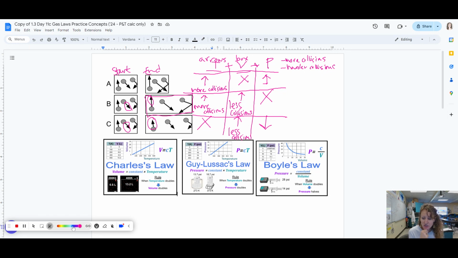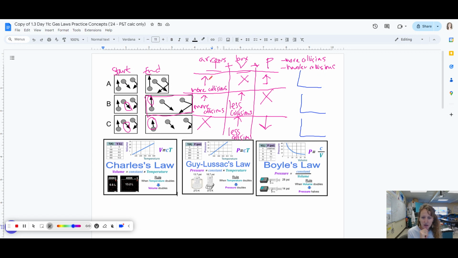Now, in addition to thinking this through with the particle model, a good practice is to look at this in the graph model as well. So I'm going to draw a graph for each of these three, and then we're going to think through what should be on our axes.